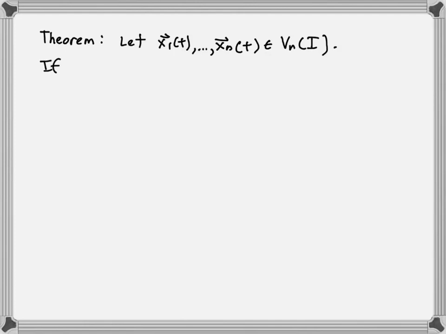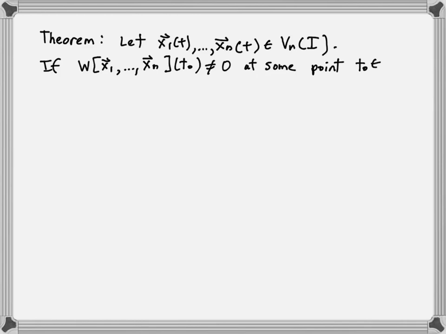If the Wronskian of all of these at t naught is not 0, at some point t naught in I, then those vector functions x1 all the way to xn, this set is linearly independent on the interval I.